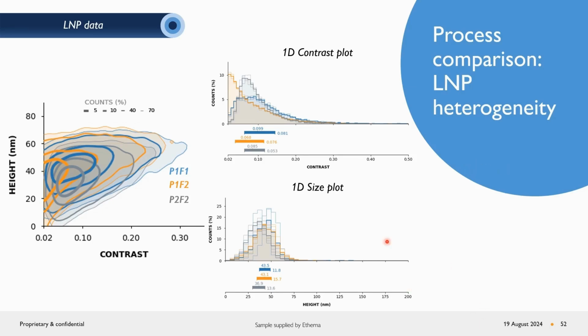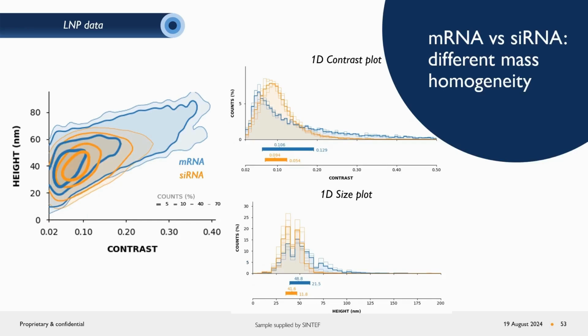In this other example, we are showing two different formulations containing the same lipid formulation, the same N-to-P ratio, but different RNA type encapsulated. So the blue sample contains mRNA, while the orange sample contains siRNA. What we can easily observe is a very different heterogeneity between those two, with the blue one, so the mRNA-loaded LNPs, appearing much more heterogeneous on the basis of mass.